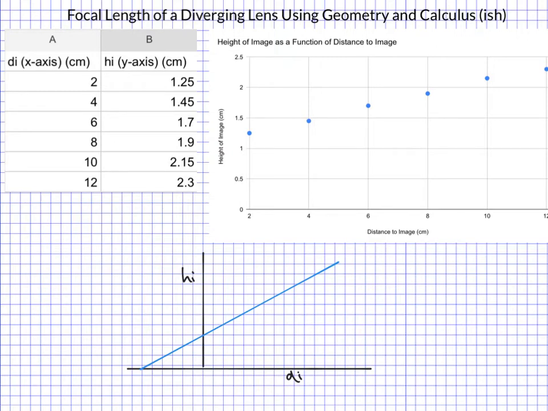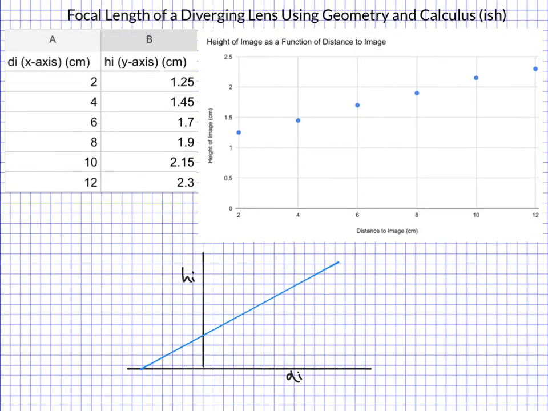Okay, so here's my data. My x-axis is the di, the distance to the image, and my y-axis is the height of the image. Now, you can hopefully see that this is my data as a scatter plot. Let's just move that in a bit so you can see.